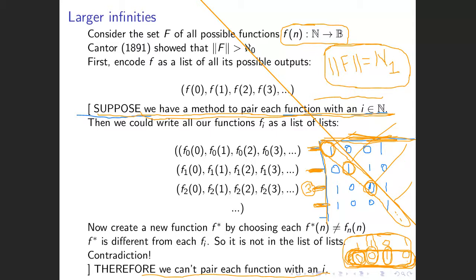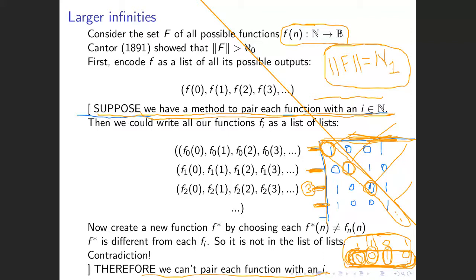Now, what does this actually mean, right? As Matthew just pointed out, the natural numbers have the same size as the set of all possible programs. But we can see here then there are functions which cannot be paired up with a program.